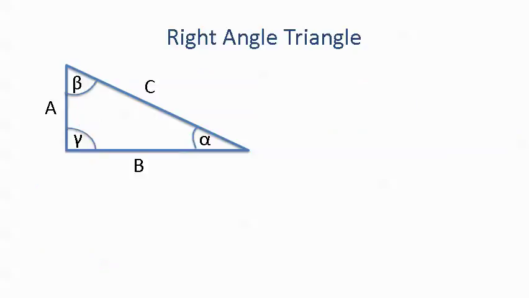Let us apply some of the identities that we've seen. Let us find the sum of the cosine square of angle alpha plus sine square of angle alpha. What would that sum equal to?